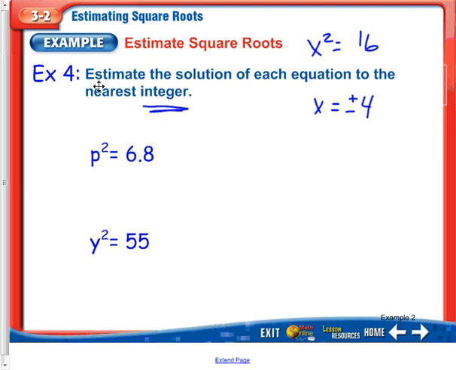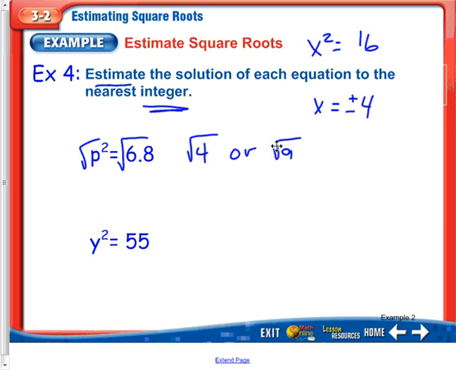So again, first thing we're going to do is estimate. So I know that p squared equals 6.8. So if I'm thinking about taking the square root of 6.8, I want to think about perfect squares close to 6.8. So I'm going to have the square root of 4 or the square root of 9. So I'm only about 2.8 away from 4, and I'm only 2.2 away from 9.